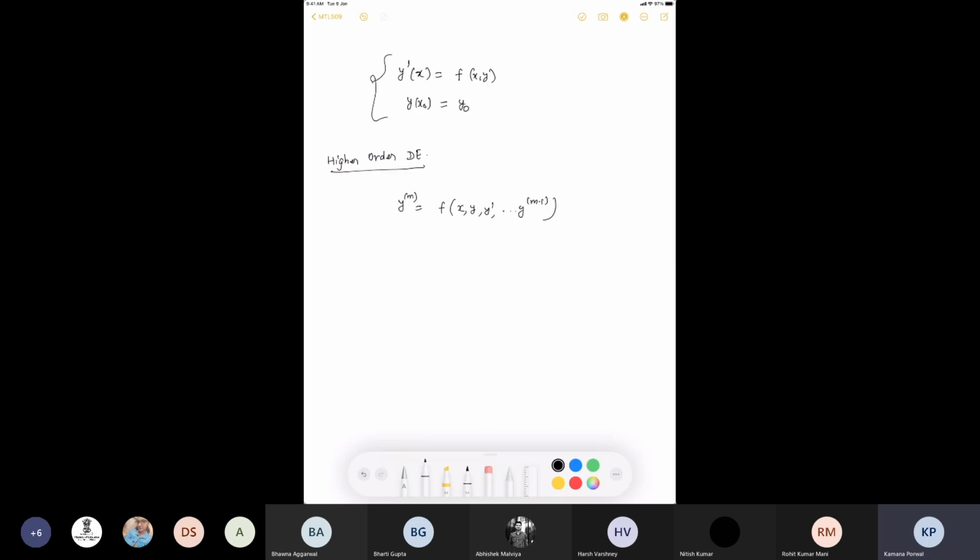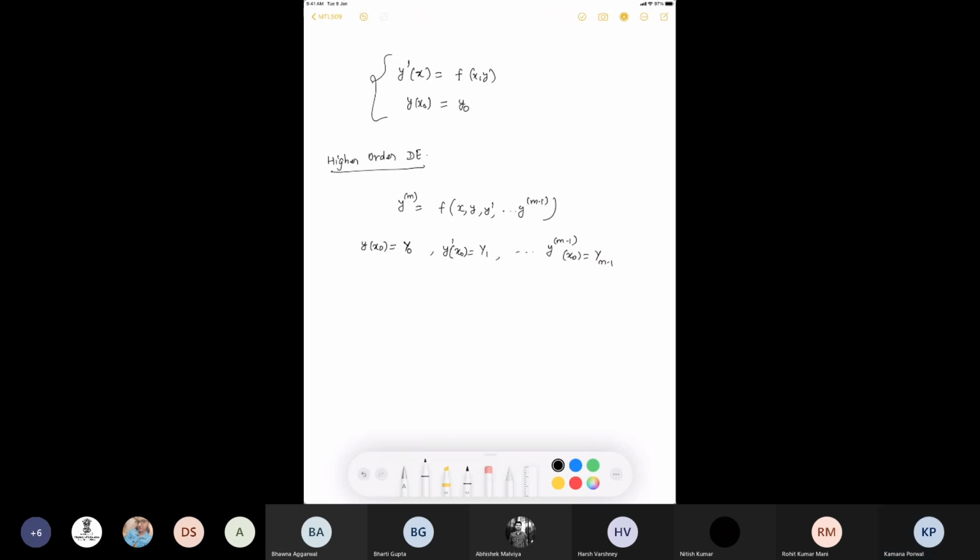Together with this, I will have the initial conditions as y at x0 equals, let me use this notation, capital Y0, and y prime at x0 is equal to Y1, and up to the (m minus 1)th derivative of y at x0 is given to be Y m minus 1.